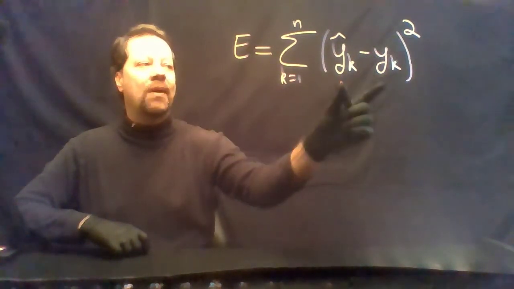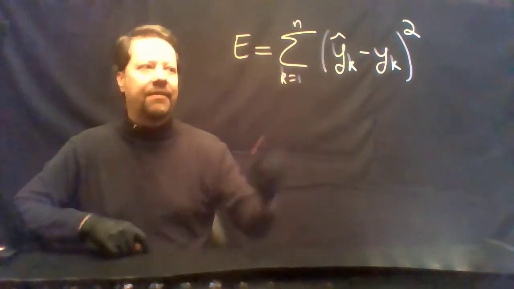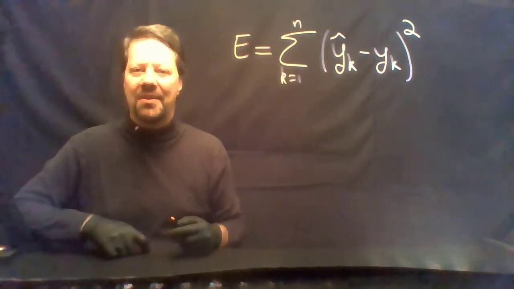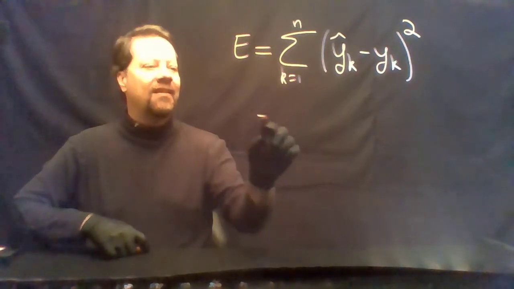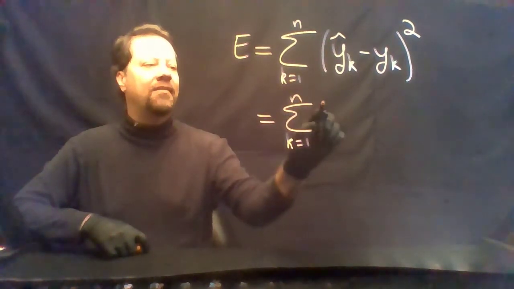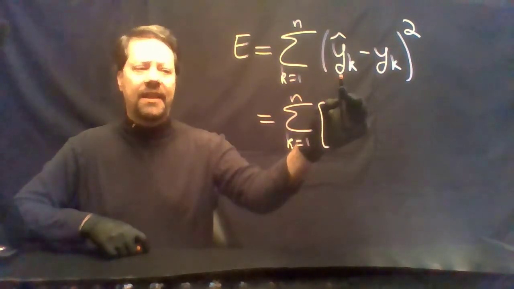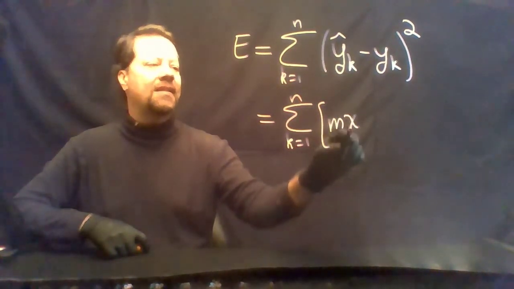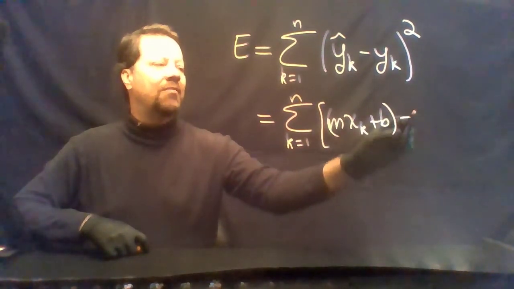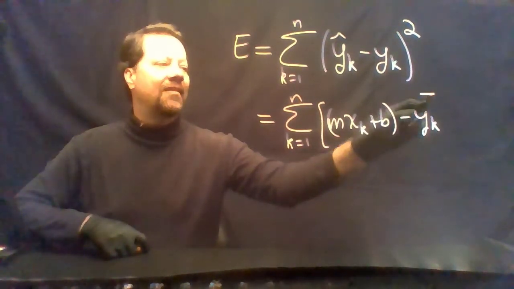And we're going to square those, making all of them positive, and add them up, getting the sum of the squares of the error. This is, in fact, the sum as k goes from 1 to n of (m times xk plus b minus yk) squared.